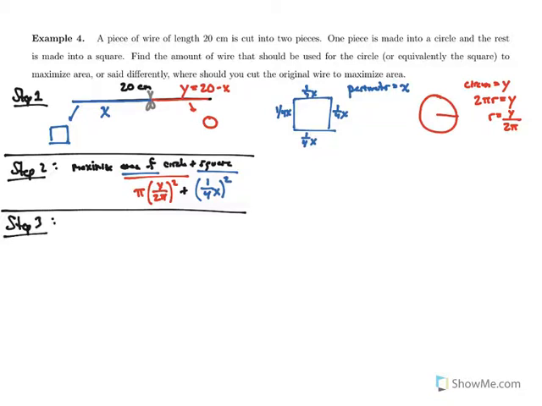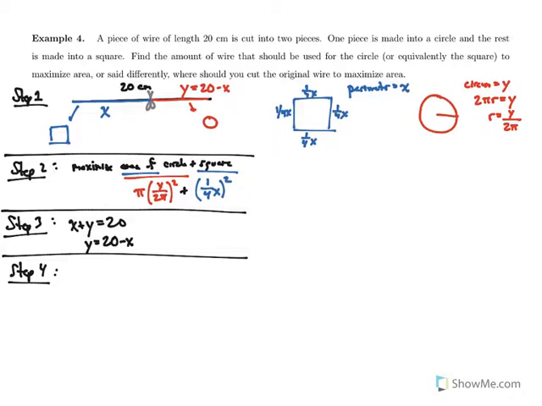But here we know that x plus y has to equal 20. We only have 20 centimeters total. When we cut it, we have x and y. So we have maybe y is equal to 20 minus x. Step 4, let's put everything in terms of one variable.